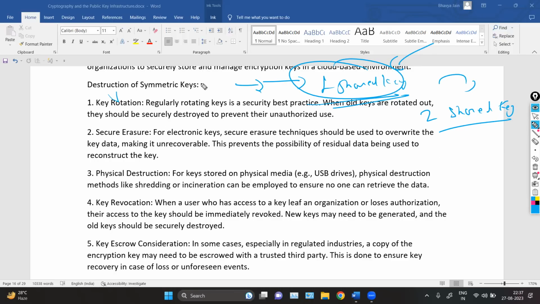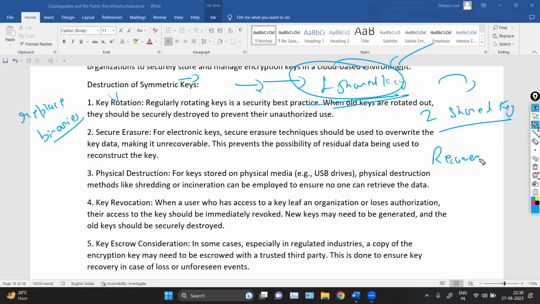If you are using any physical medium for storing the keys, then you have to destroy the physical medium, or you want to delete the data multiple times. Okay, you have to replace the binaries, because as you know, if we delete anything from the phone, from the Android, from the iOS, from the laptops, it can be recoverable.